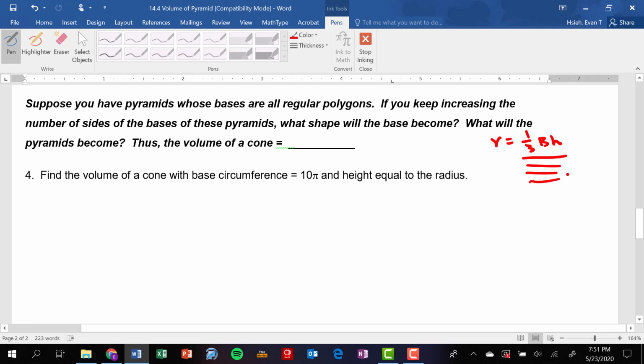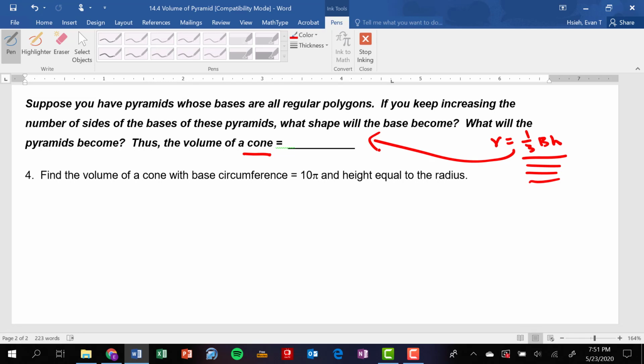Eventually, as I increase the number of sides, it's going to start looking like, hopefully you can see this, a cone. And so the volume of a cone is going to be exactly the same formula as the volume of a pyramid. It's going to be 1/3 of the base of the cone times the height.